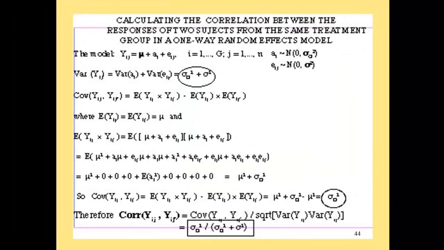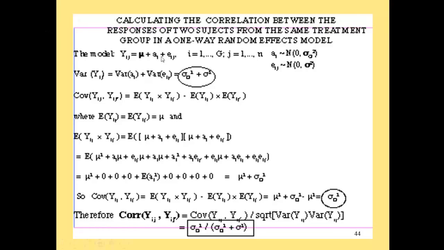All right. So we've got a model here, Yij equals mu, which is just some parameter, some population average, if you want to think about it that way. And then we have two other variables here.